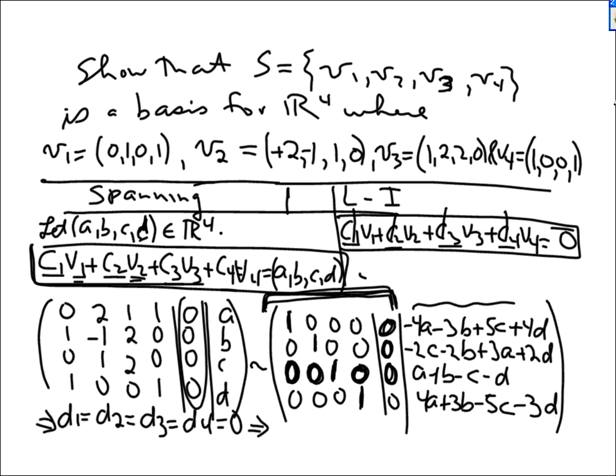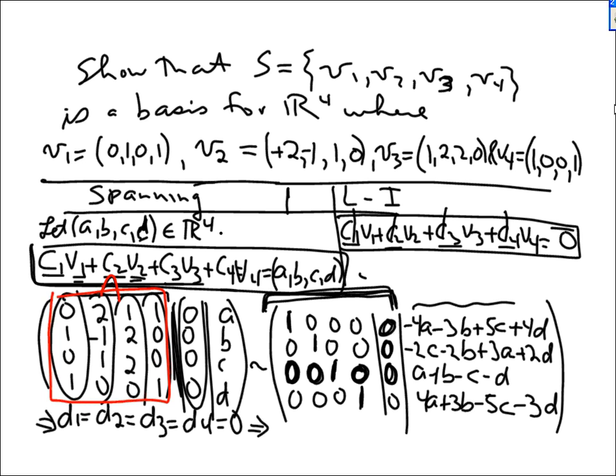So that implies that the columns, let's give this matrix a name, just up to the augmented line. Let's do this in a different color. This matrix right here, we're going to call it A.